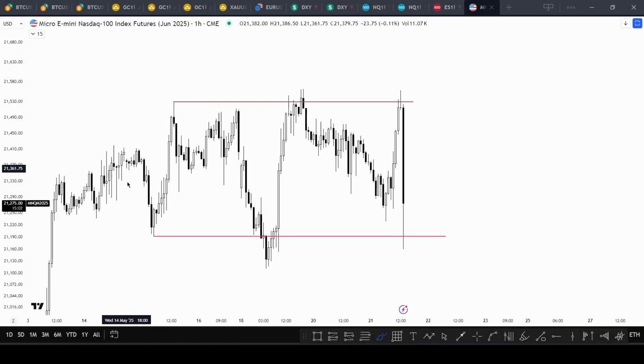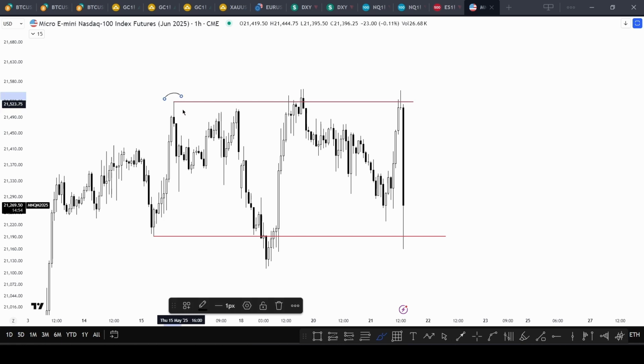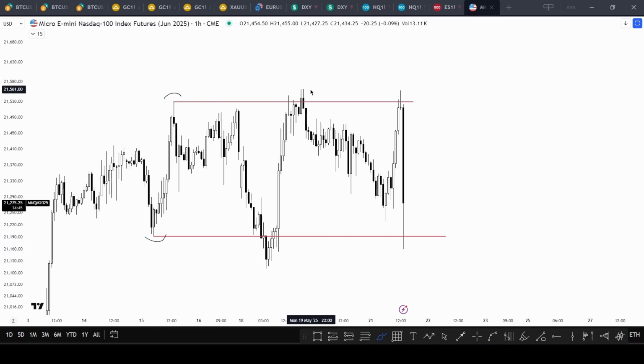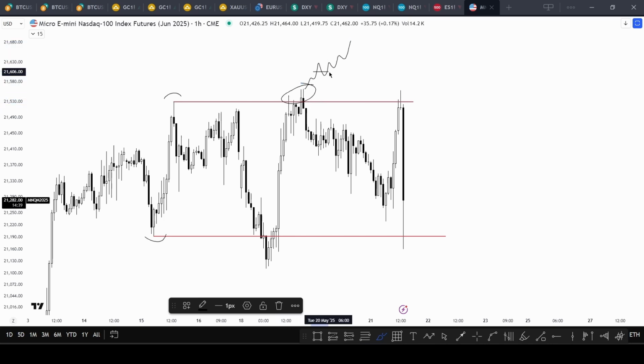This video is going to be about ranges, and this is the NQ chart on the 1 hour time frame. In front of you, I marked two swing points here. Whenever price tries to break these swing points, you can see there is no acceptance outside of the swing point, and it simply goes back into the range.